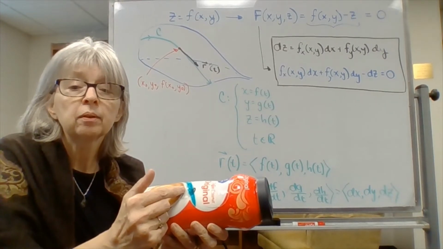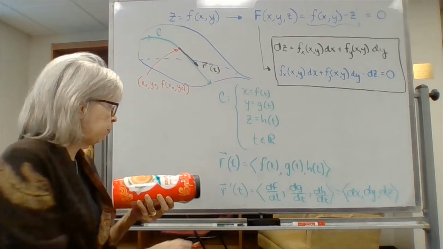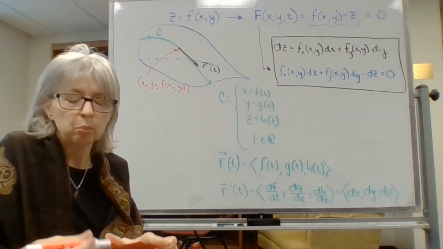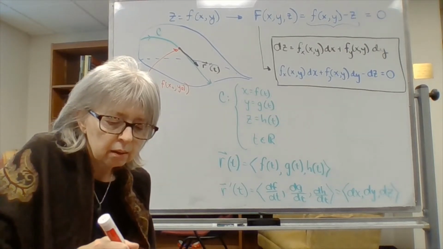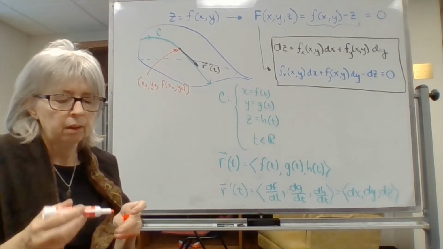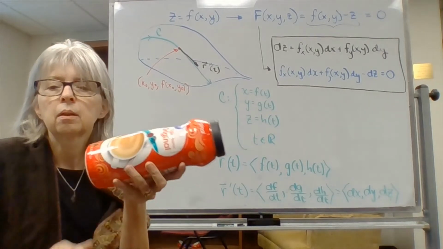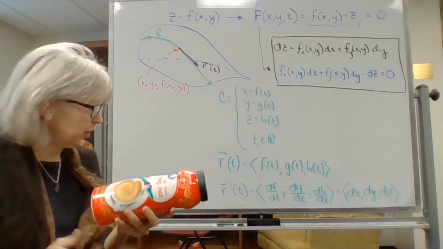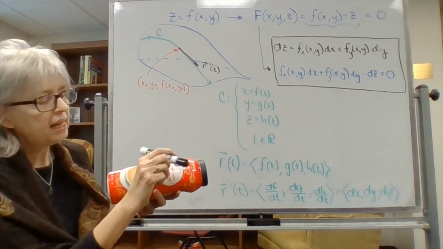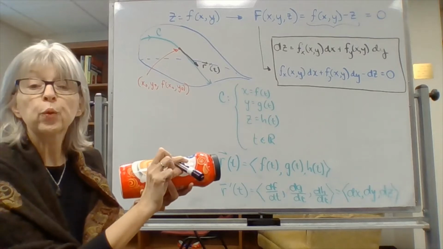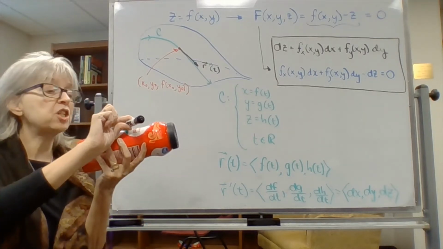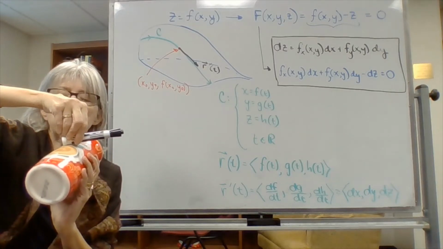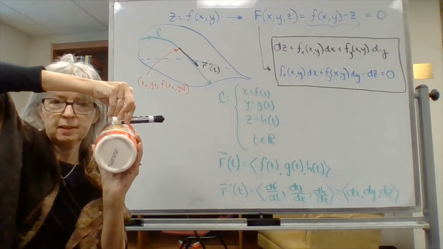All right, and then parameterize that curve. Pick a point on that curve. Actually, I picked the point first in my demonstration up here. Here is a point on the curve. Parameterize that curve, find the derivative of that parameterization, and what I have is a tangent vector to the curve at that point.